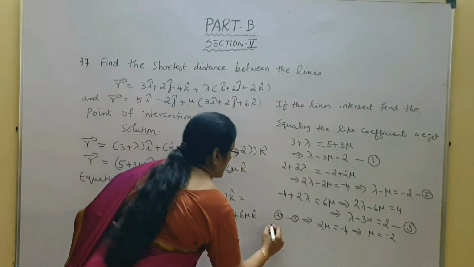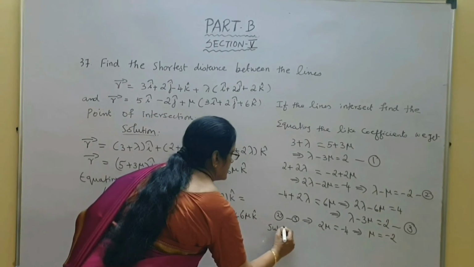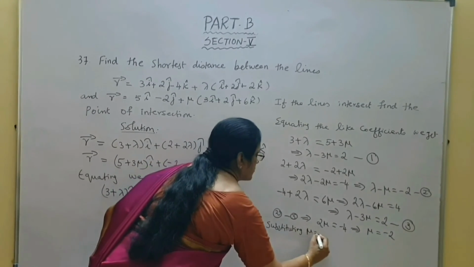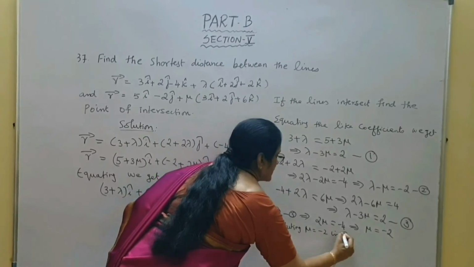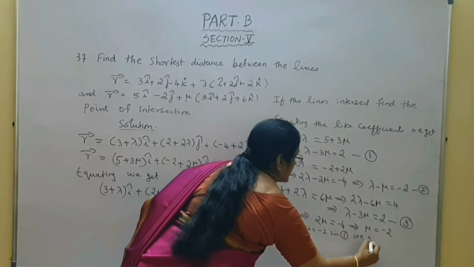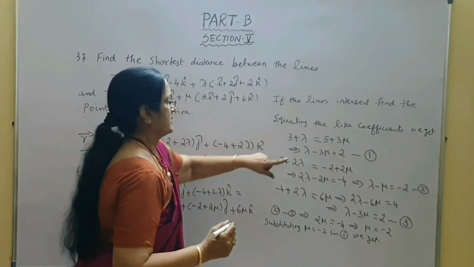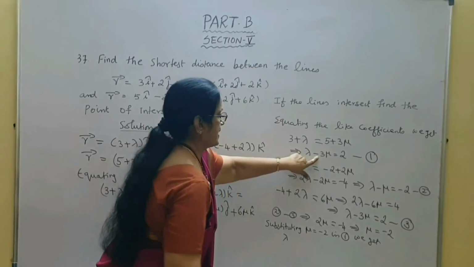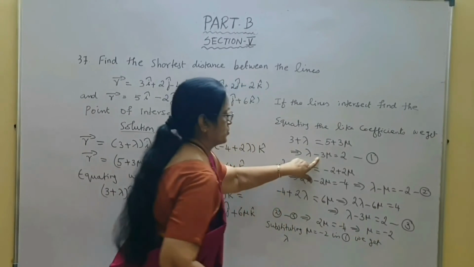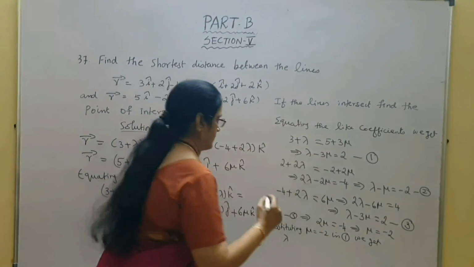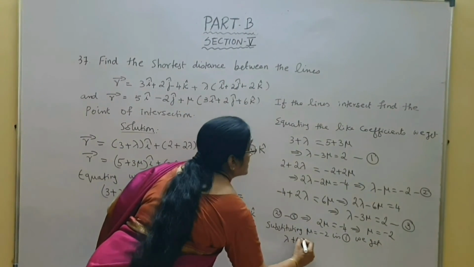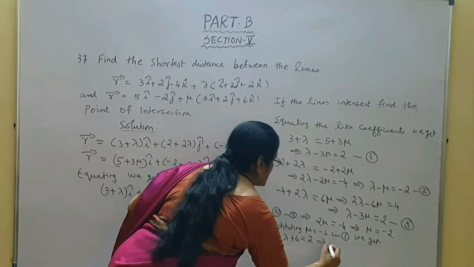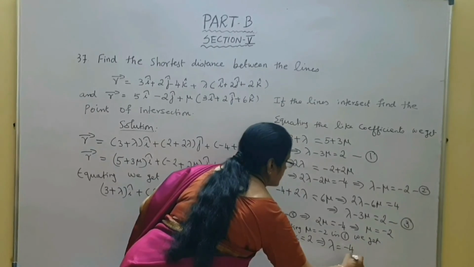Substituting mu is equal to minus 2 in equation 1, we get lambda minus 3 times minus 2, so plus 6, equal to 2. This implies lambda is equal to minus 4.